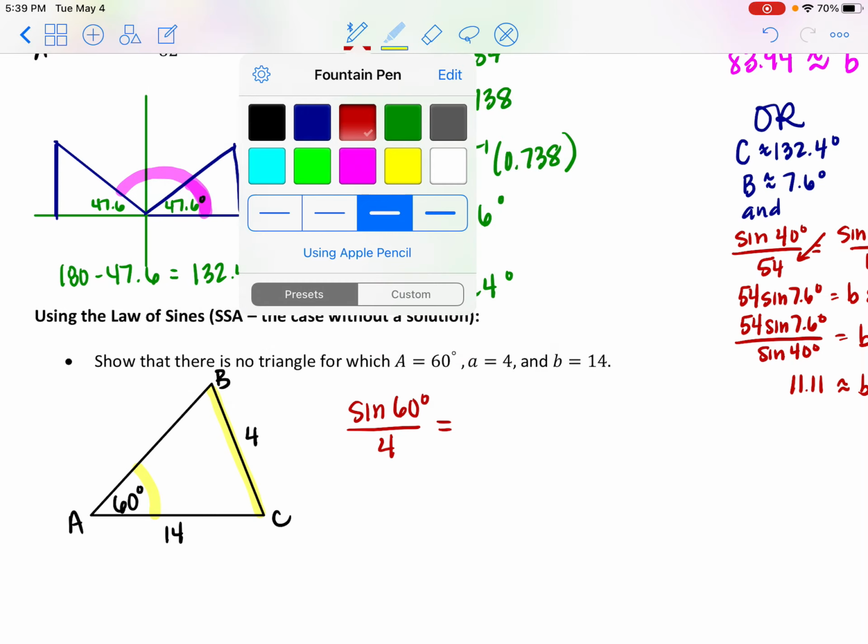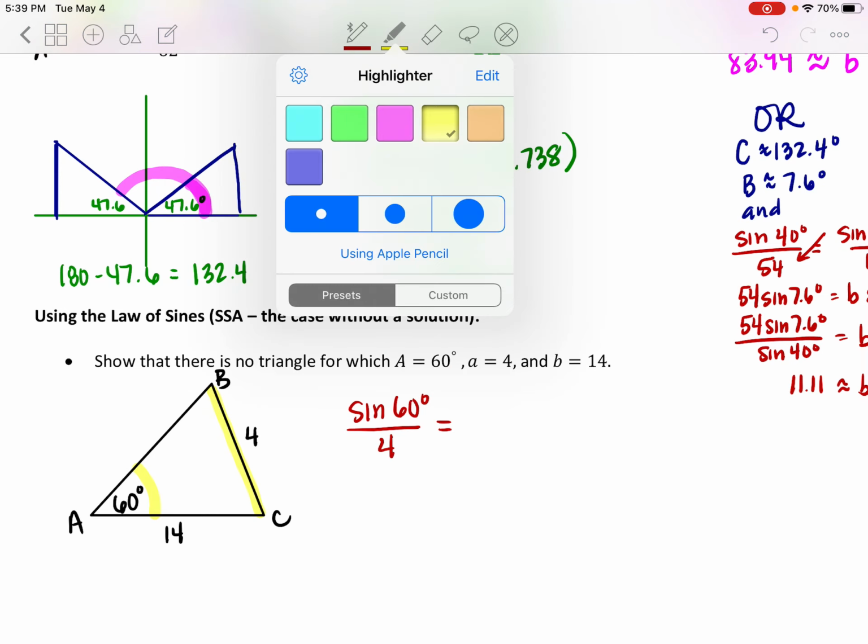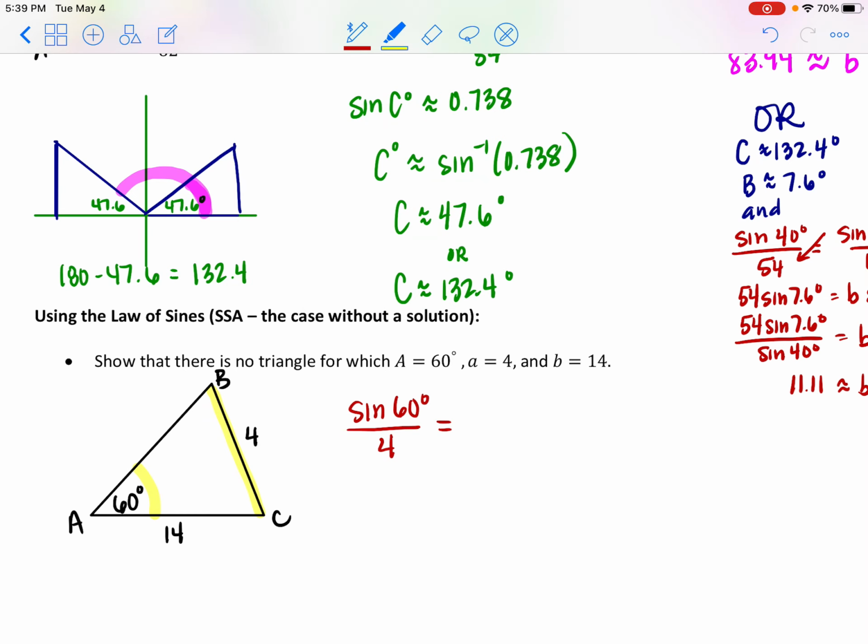I don't want to use C and little c because I don't know either of those. So I would maybe use B here with b here because I know one of those. So I would say the sine of B over 14.